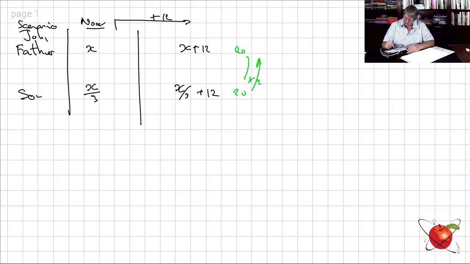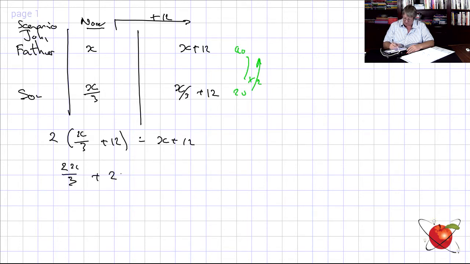So what I did is I chose to say that at this point in time, 2 times (X over 3 plus 12) is equal to X plus 12, and therefore we get 2X over 3 plus 24 is equal to X plus 12, like so.